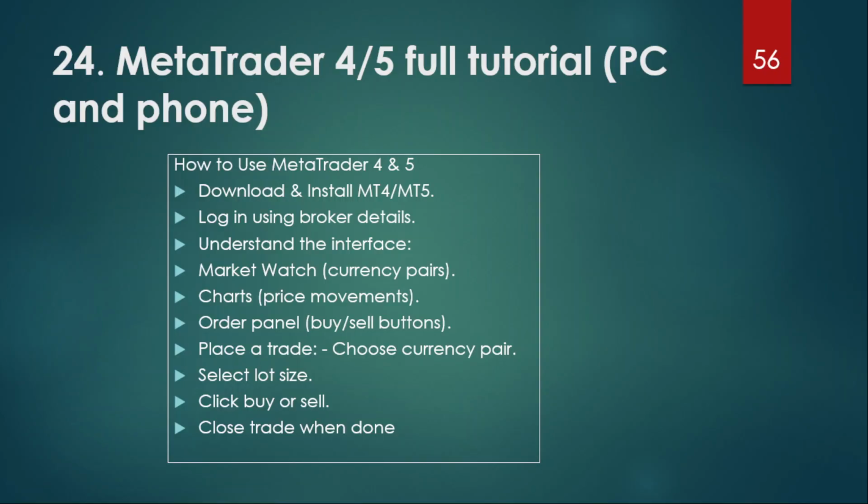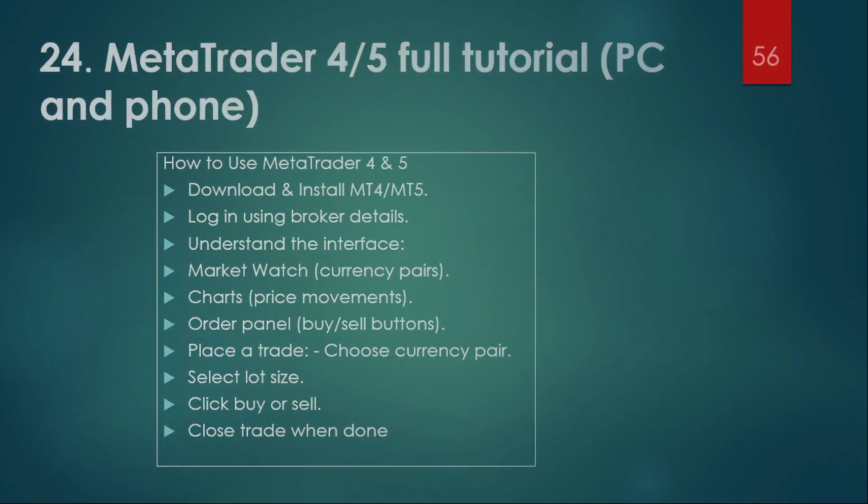Then you could see the buy and sell buttons, where you will input the lot size and the type of order that you will be making. Remember, first you select the lot size and then you place buy or sell. And again, you could close the trade later on.